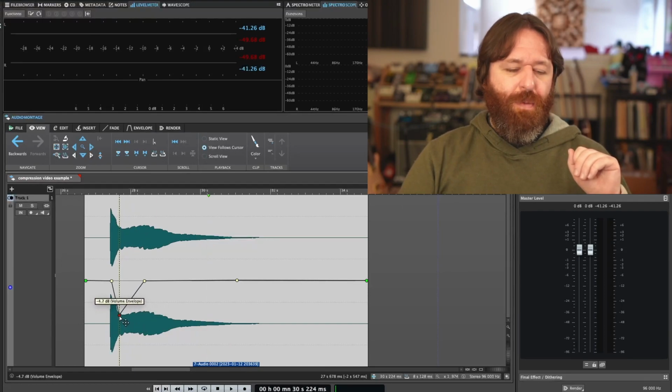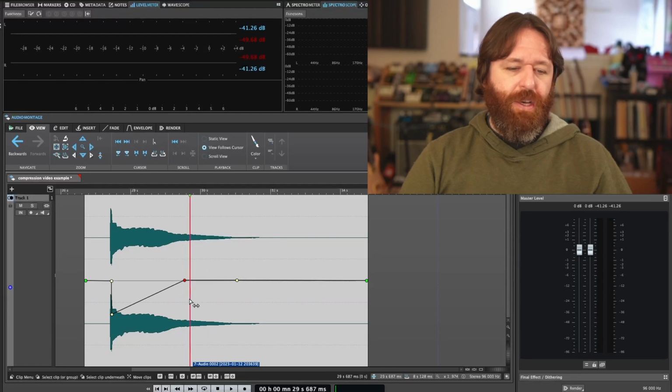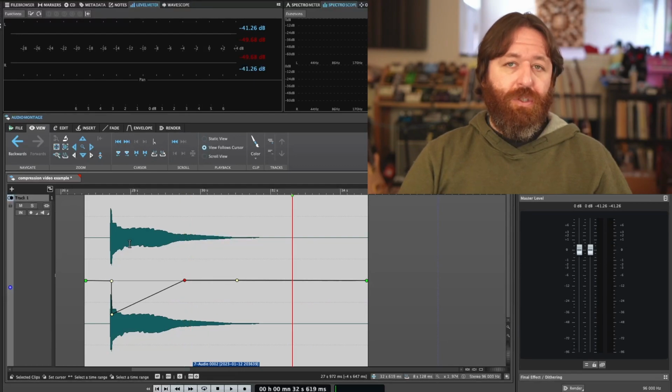Now it's important to remember, most compressors are not fast enough to catch the initial spike of energy when it crosses the threshold. So if we had a really fast attack and a slower release, it would look like this. And this would sound like it was really compressing, but I'd still have this initial spike of energy.